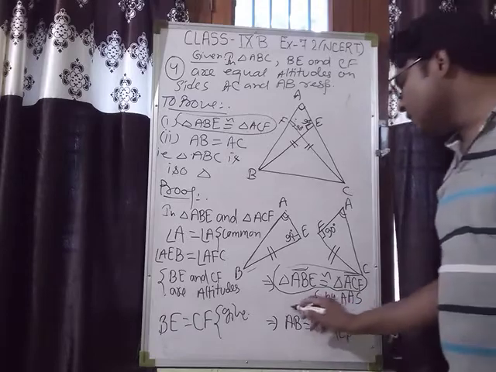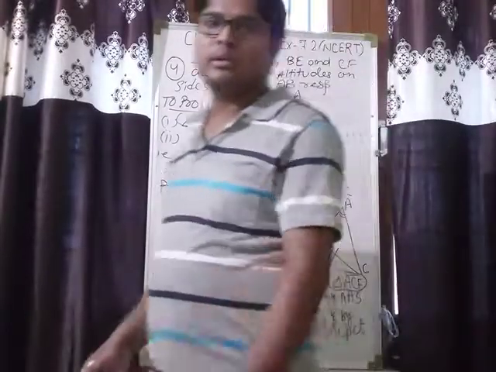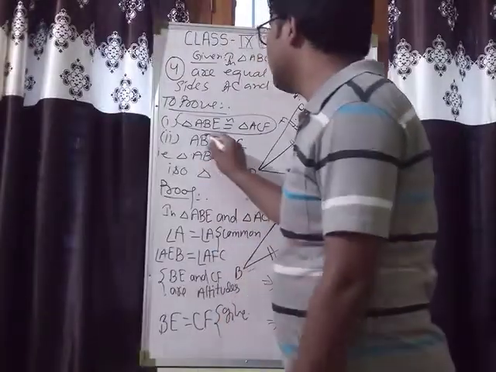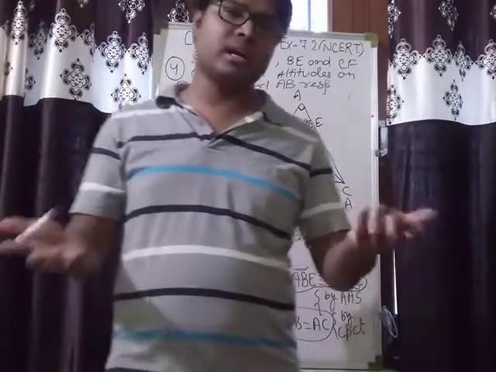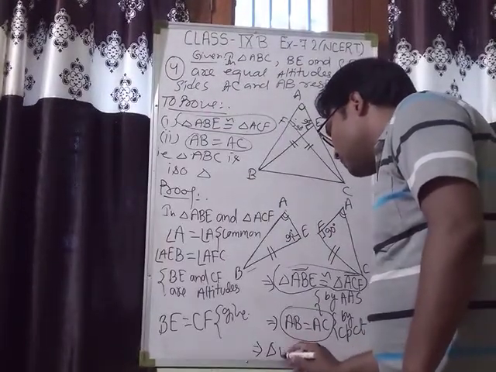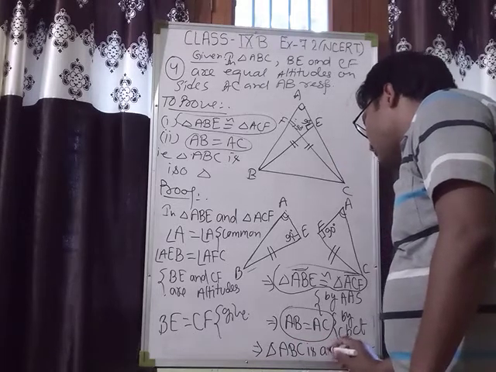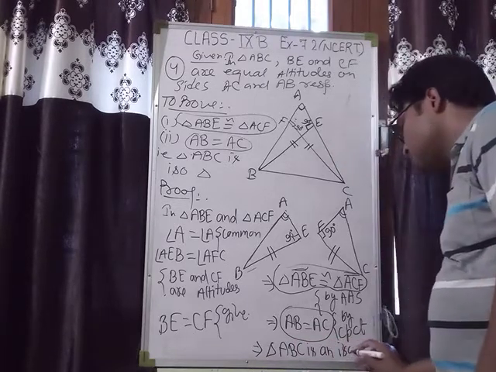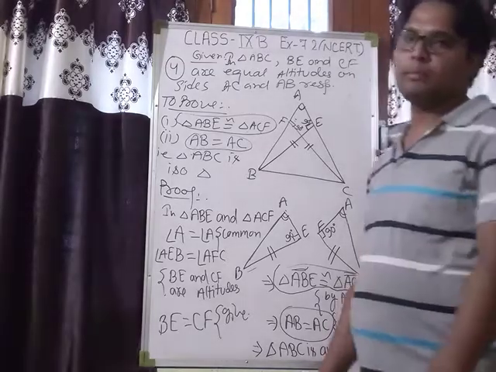In any triangle if two sides become equal, that triangle is isosceles. So from here we conclude that triangle ABC is an isosceles triangle. So that is the proof of question number 4.